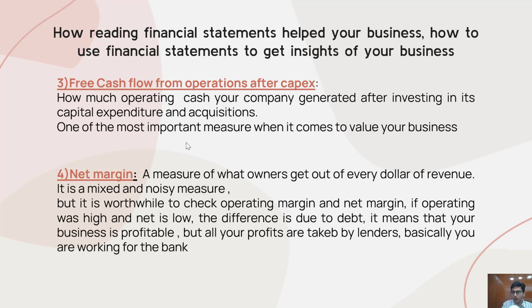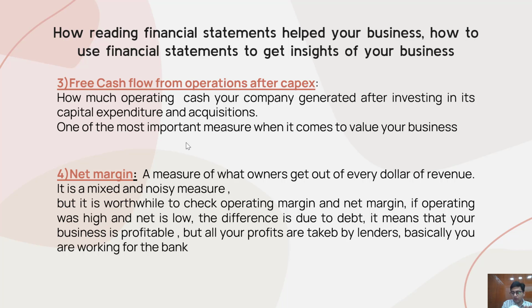So it is worthwhile to check operating margin and net margin. If operating margin is high and the net margin is low, then the difference can be because of debt, because you have maybe taken too much debt, and those debt payments are reducing your net margins. It means that your business is profitable, but you are basically earning for your debt holders because all your profits are taken by lenders.